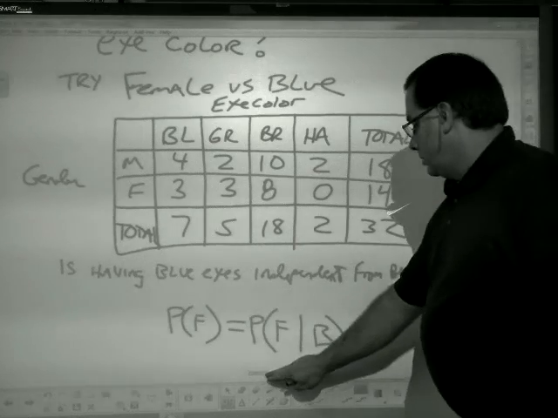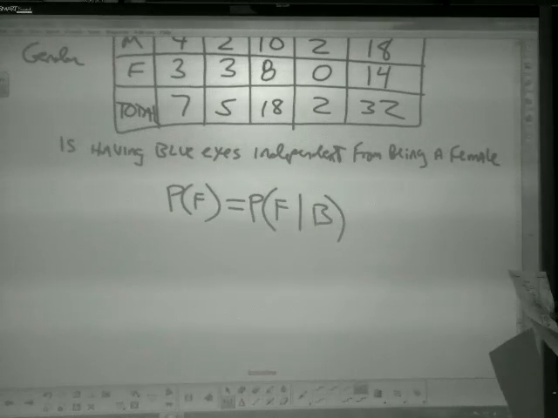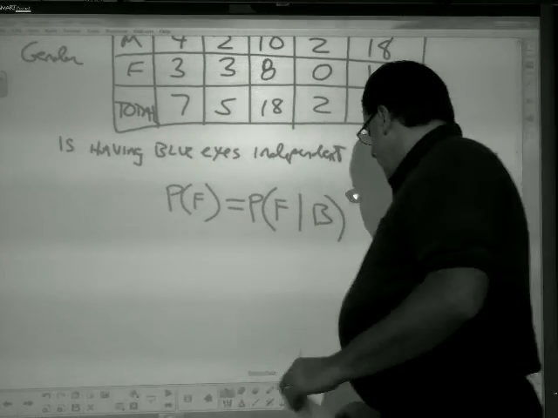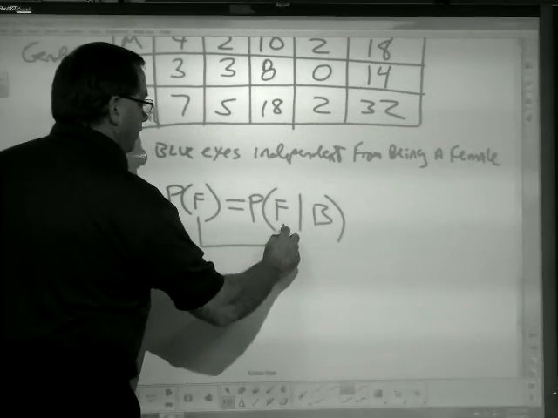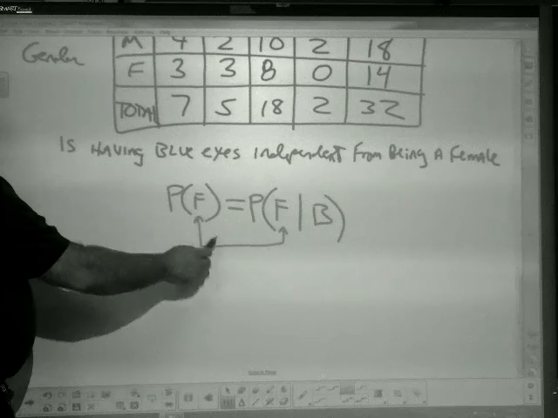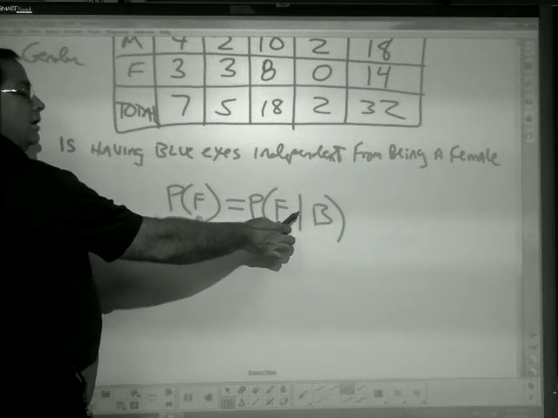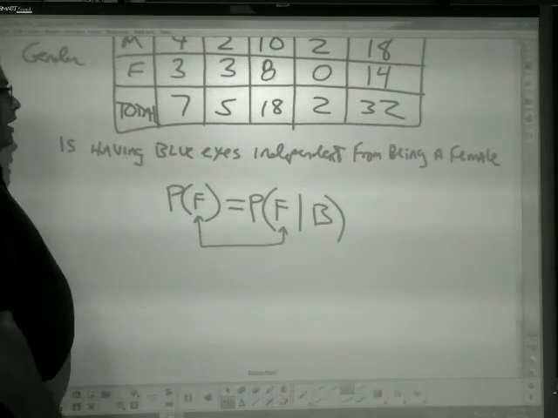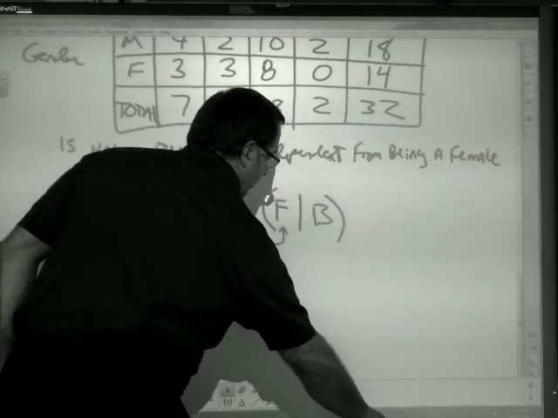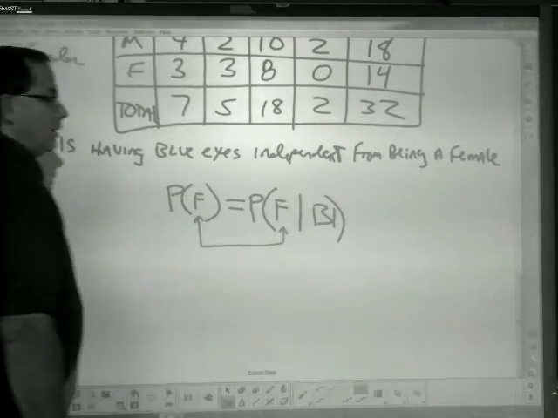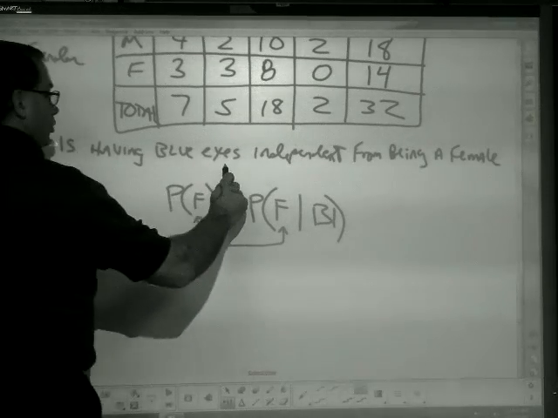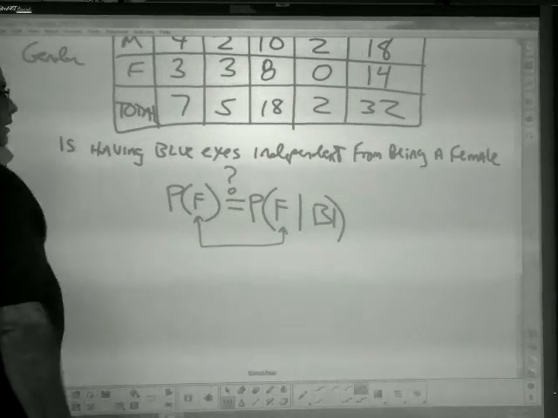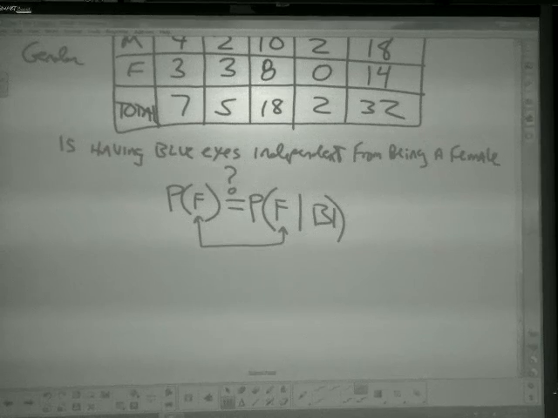So, what do I want to know? Is the probability of being a female, or the proportion of females, the same as the proportion of females given they have blue eyes? And I'll use BL there for blue. Given they have blue eyes. All right? If this is true, this is what we want to know. Then it will tell us whether or not they're independent.